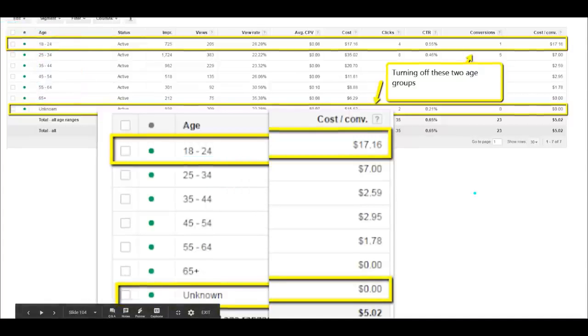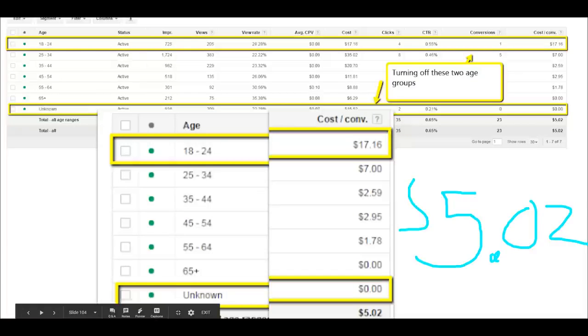What I'm seeing here is my average cost per conversion across all age ranges is $5.02. That's how much I'm spending to get people to opt in for my email list. But I'm also noticing that amongst 18 to 24-year-olds, I'm spending $17 on average to get an email address.